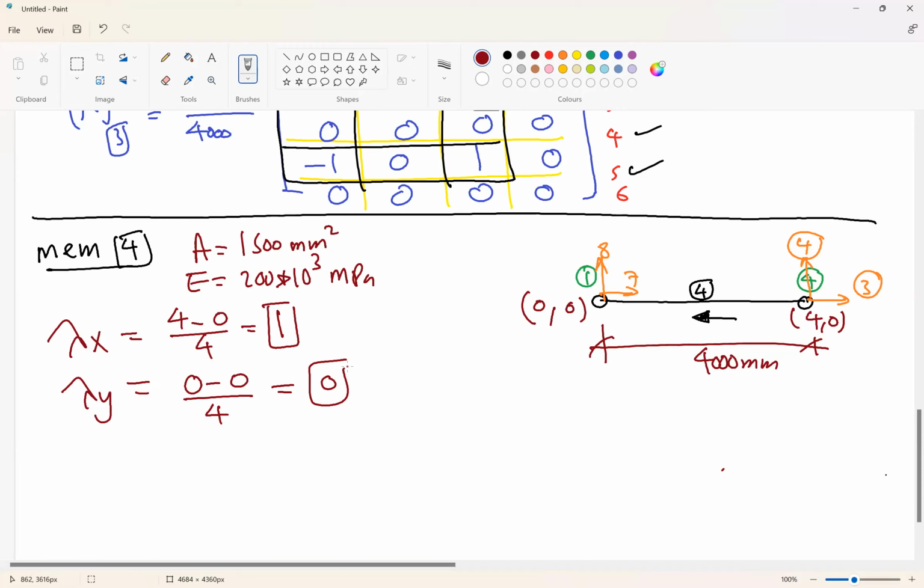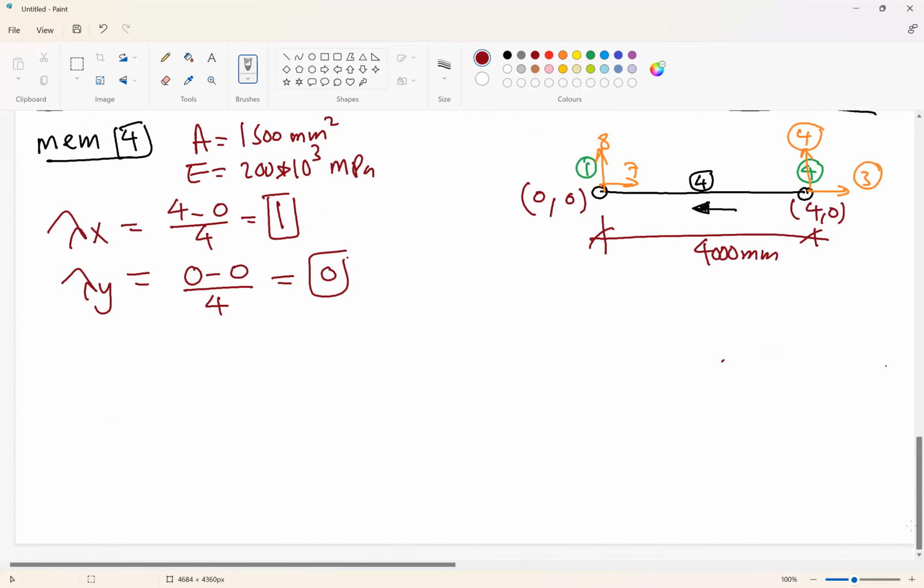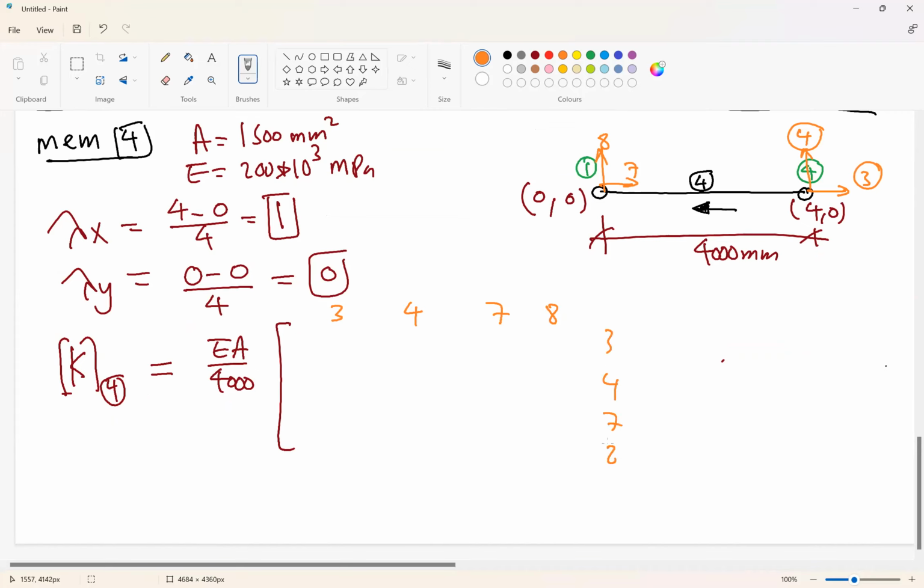Okay, now we can construct the stiffness matrix for member 4, which is K4 equal to EA over L. So it will be EA over 4,000 times, what are the movements we have here? We have 3, 4, 7, 8, 3, 4, 7, 8.